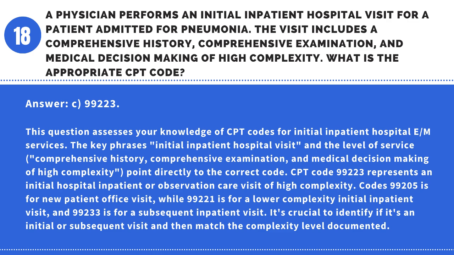CPT code 99223 represents an initial hospital inpatient or observation care visit of high complexity. Code 99205 is for a new patient office visit, while 99221 is for a lower complexity initial inpatient visit, and 99233 is for a subsequent inpatient visit. It's crucial to identify if it's an initial or subsequent visit and then match the complexity level documented.